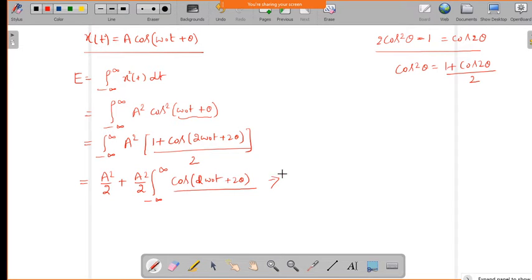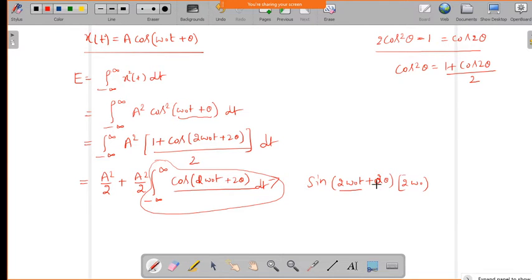So the integration leads to sine of 2 omega naught t plus 2 theta, into whatever the time function, because we are integrating with respect to dt, divided by 2 omega naught. The constant term goes to 0 because it is not a function of t.